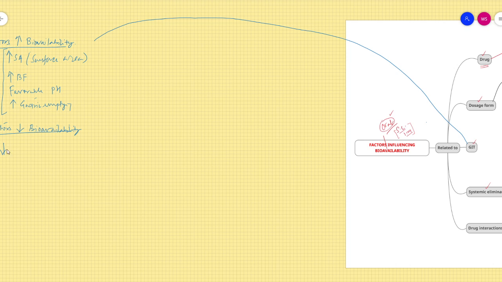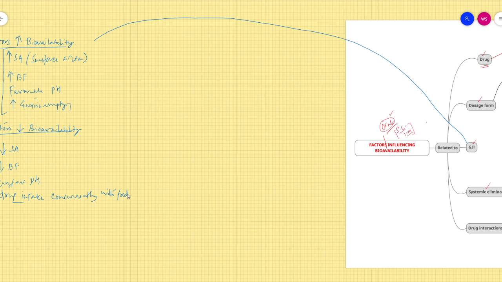So decreased surface area, decreased blood flow, unfavorable pH, and sometimes drug intake concurrently with food.